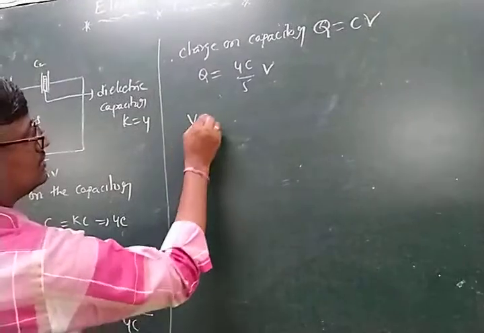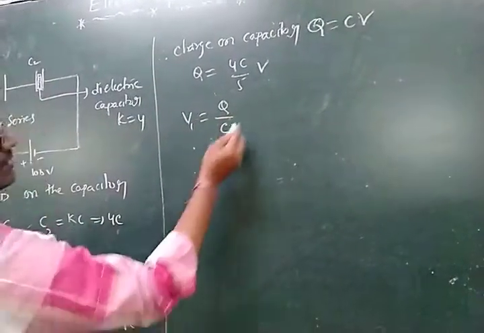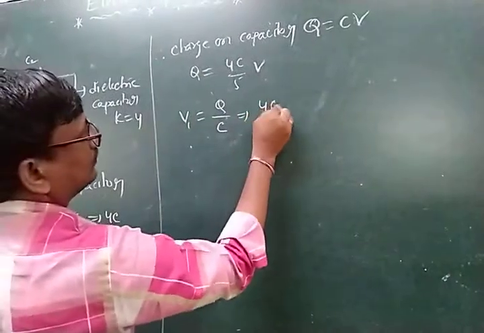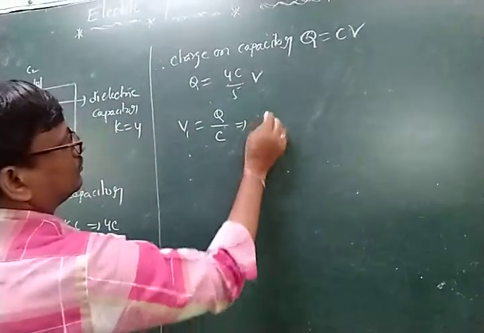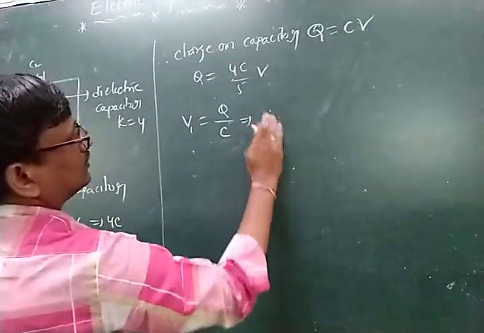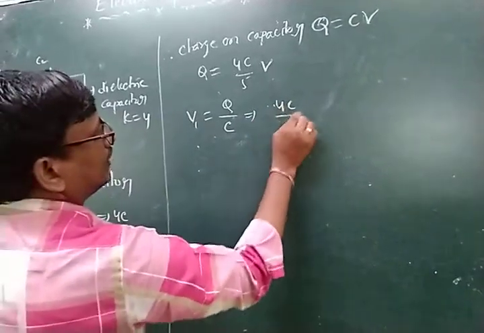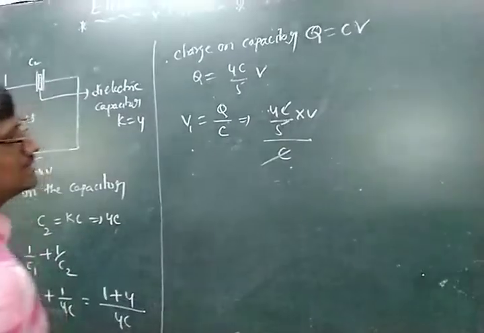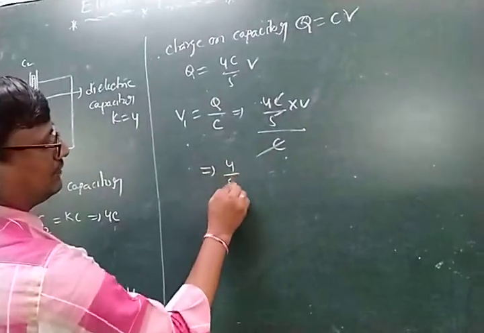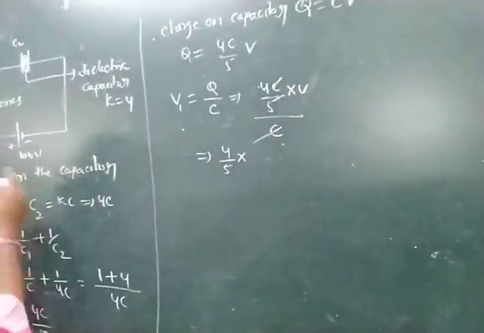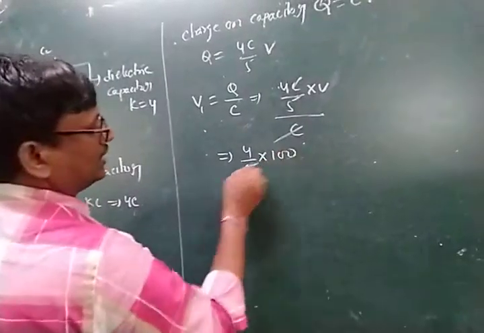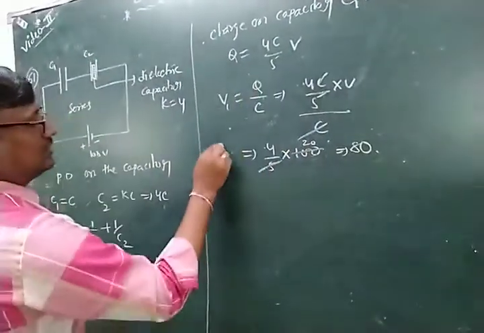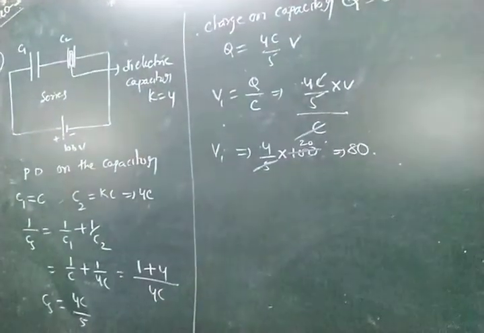V1 is equal to Q by C, so Q is 4C by 5 into V, divided by C. C gets cancelled and we get 4 by 5 into the potential, which is 100. 100 into 4 by 5 is 80. So V1 is equal to 80.